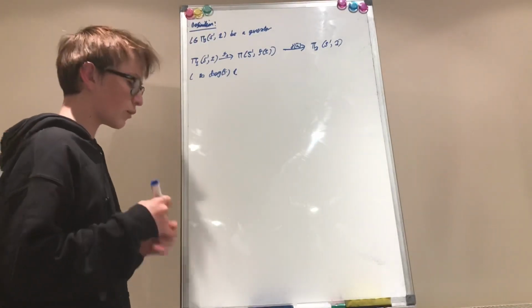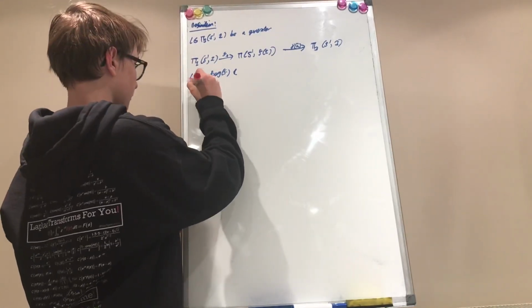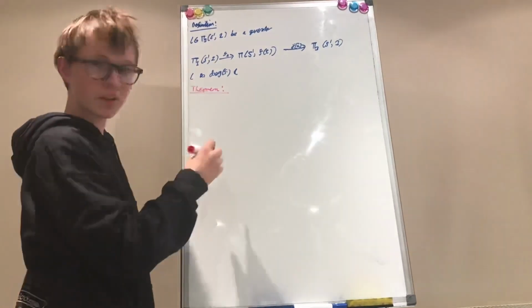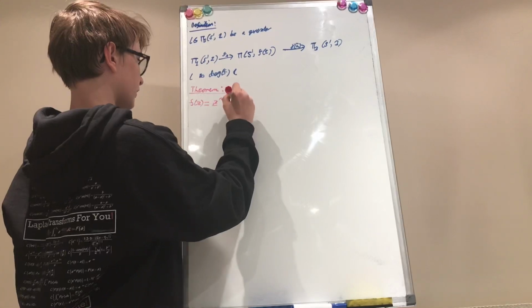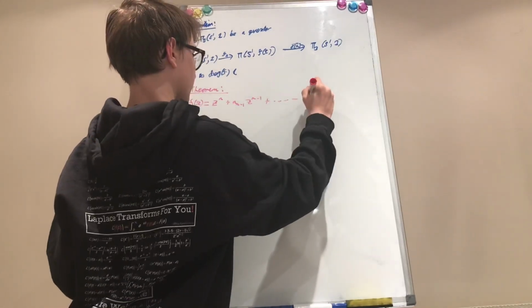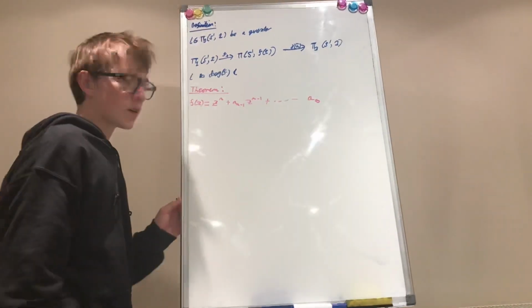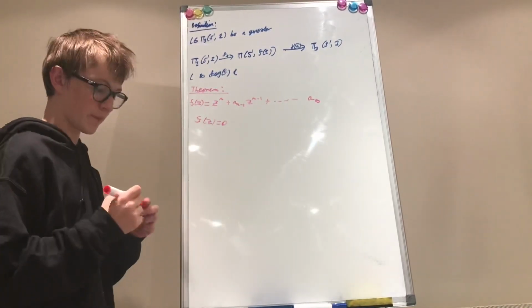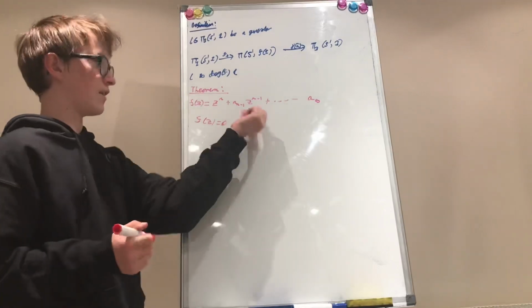Now we can use this to prove the fundamental theorem of algebra, which says that if f of z is equal to z to the n plus a sub n minus 1 z to the n minus 1 plus all the way up until a sub 0, then there exists a z such that f of z equals 0, unless n is equal to 0.